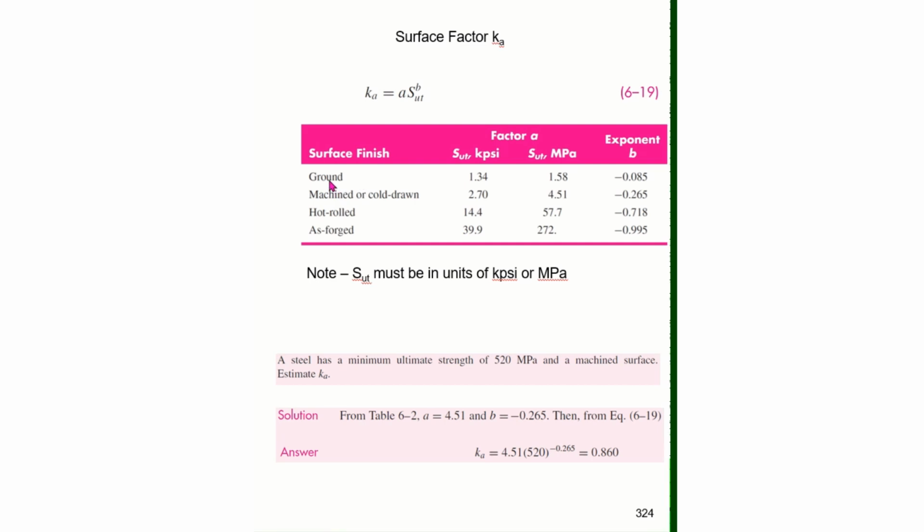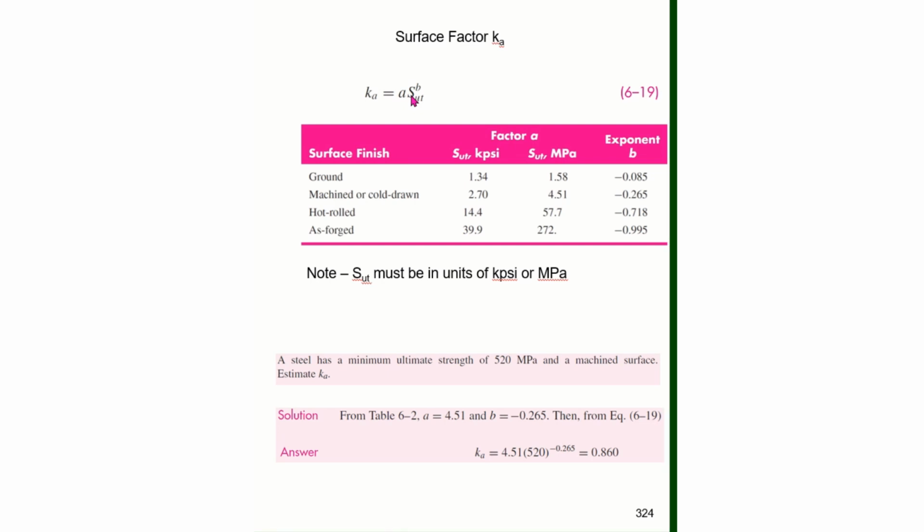So for example, if we have a ground surface finish and we're using kpsi units, then a is 1.34 and my exponent b is minus 0.085. Then I put my Sut in terms of kpsi. Make sure you don't put the Sut in terms of psi or pascals, but in terms of kpsi or MPa, megapascals.